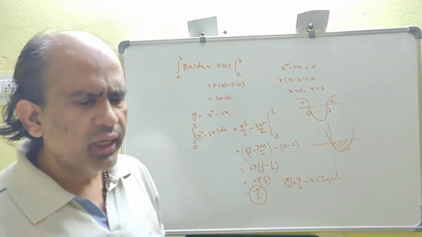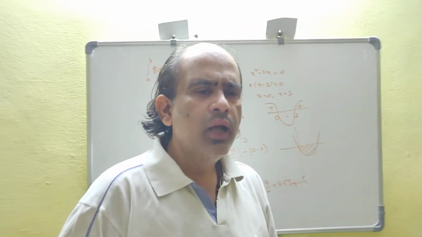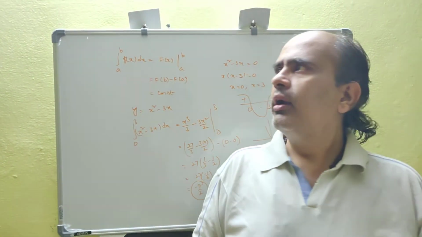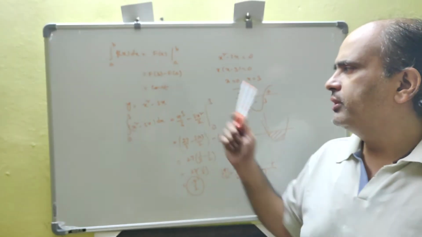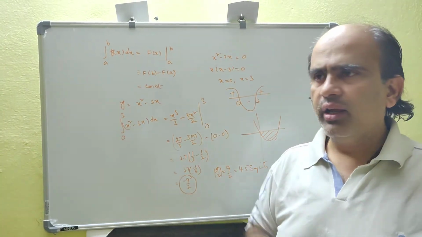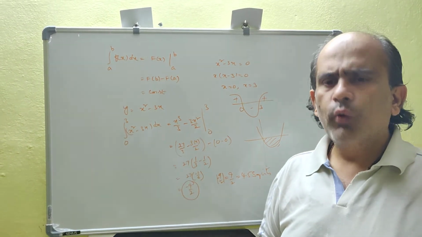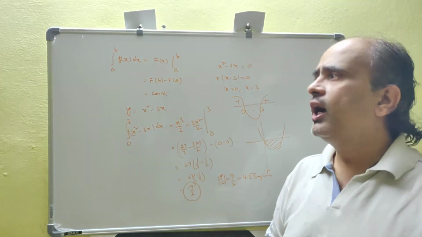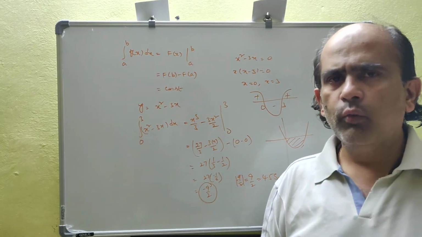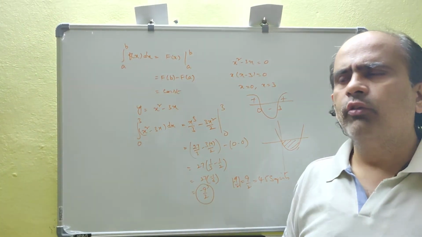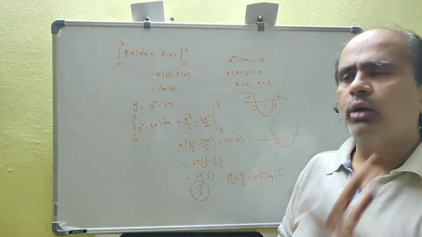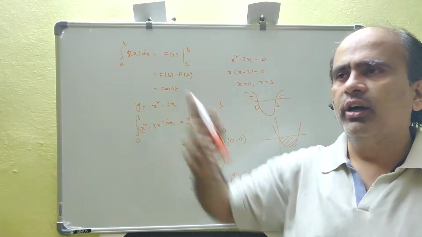So just remember that when I am talking about the application of definite integration, I am just talking about finding the area. Here I have given only one curve. So what if two curves are given, what to do? If three curves are given, what to do? Or if you have a trigonometric function and an algebraic function, what to do?